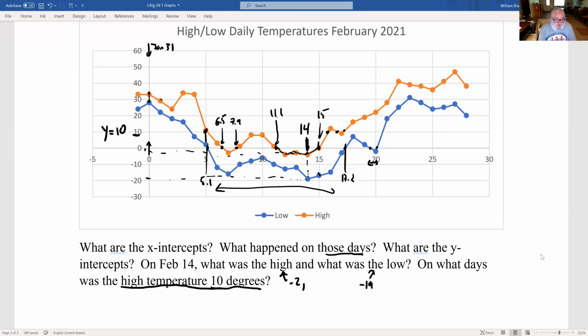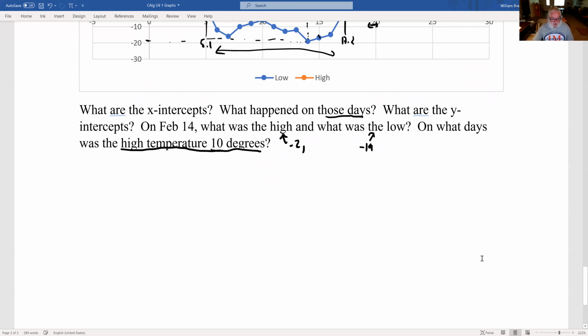So 5 on either side of 16 and on either side of 17, the temperature was 10 degrees. So if you know a y value, how do you find the corresponding x values? You go along this horizontal line until you hit the graph, and then you look down. You keep going and make sure you get all the possible places where the values are like that.